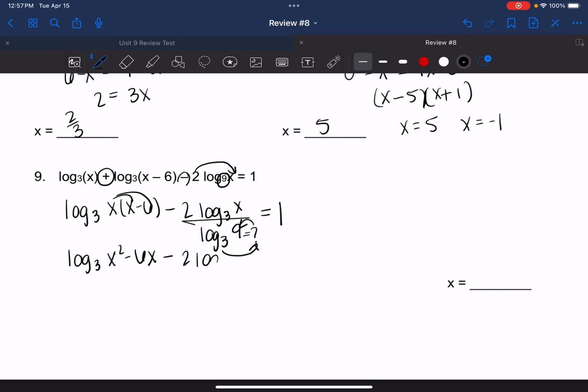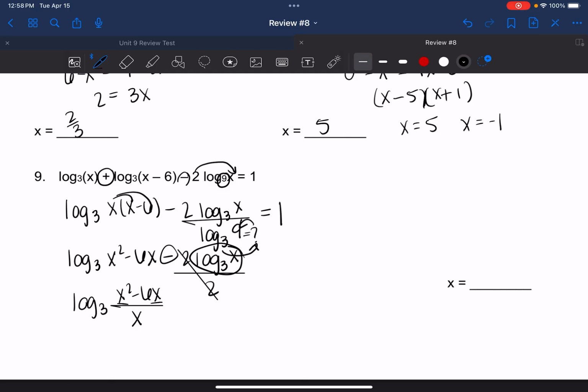So this would become 2 log base 3 of x over 2, and those 2's would divide out. And then I got log base 3 of x squared minus 6x minus log base 3 of x, which I can rewrite as division. So I would just have my x in the denominator.